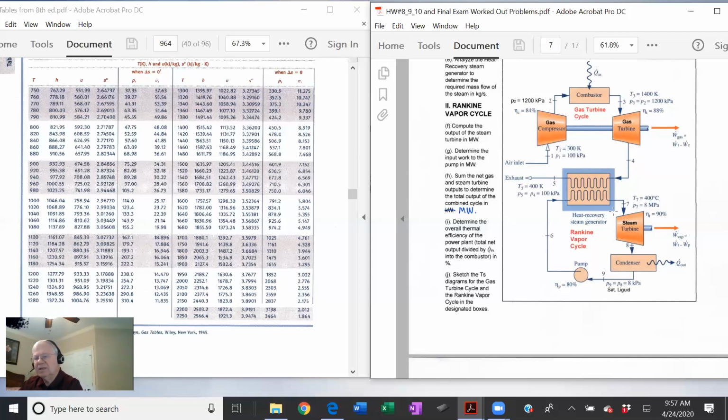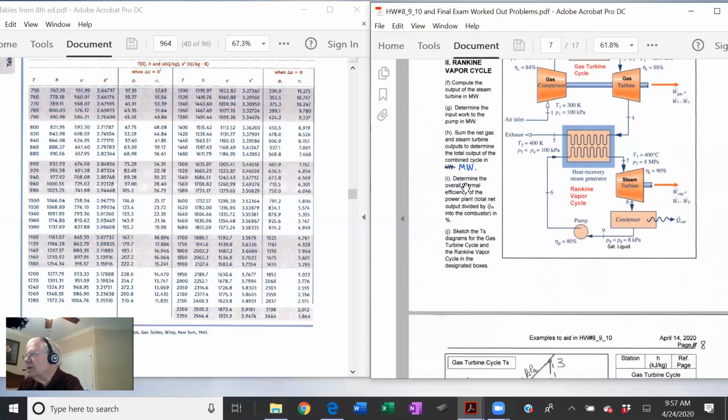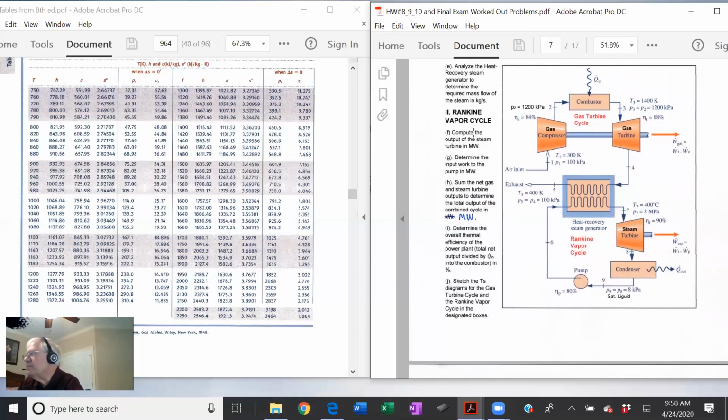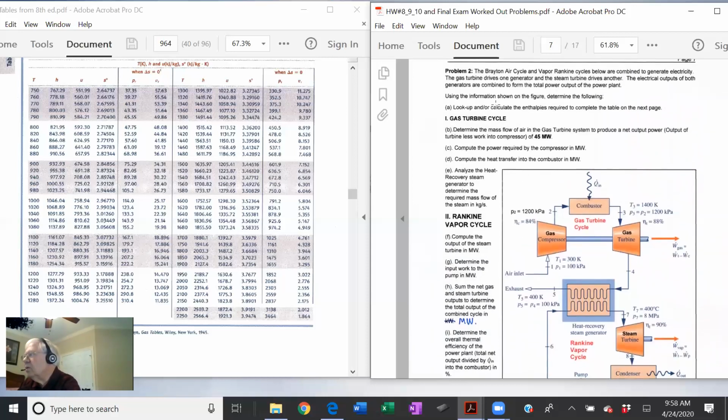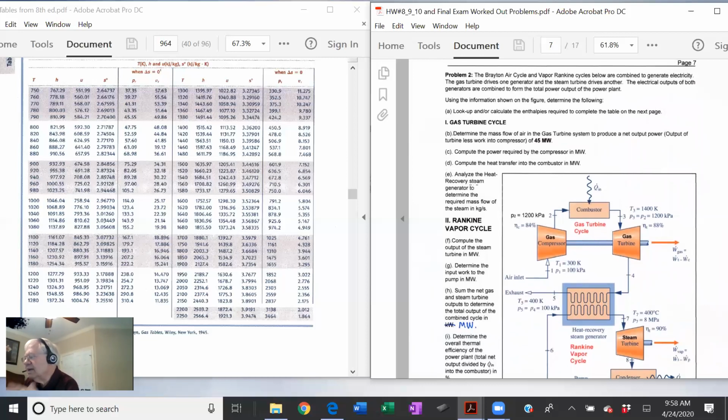All right, let's look. It says, compute the output of the steam. Let's see. We can do all of these. I give you the right sequence you have to go through. Analyze the heat recovery steam generator to determine the required mass flow of steam in kilograms per second.